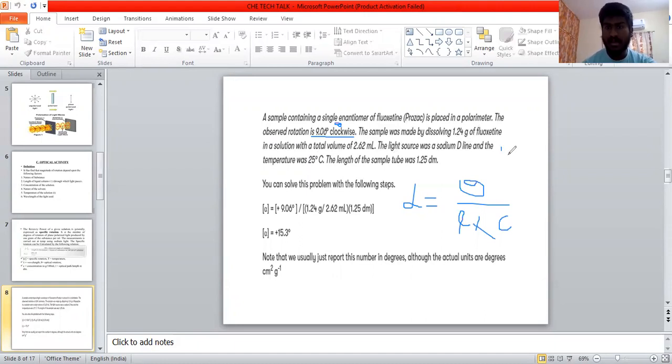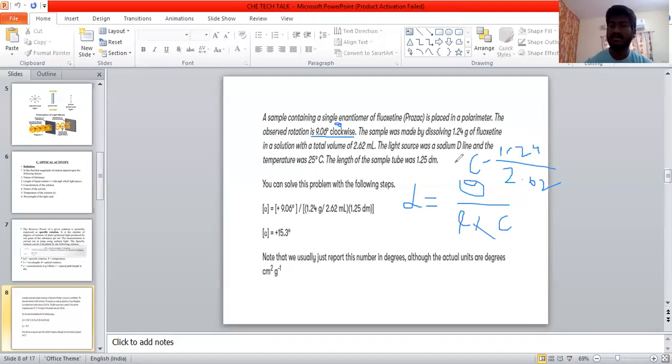It becomes 1.24 divided by 2.62. This is what your concentration is equal to. Is this clear? So this is your C value, your concentration.